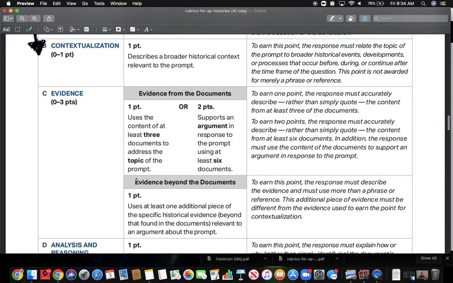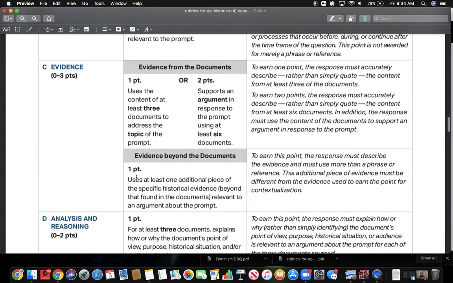The next thing that the College Board is going to expect of you is evidence. Again, you are very familiar with how to use evidence in an argument essay for the College Board, or in an AP style essay. The good news here is that the evidence doesn't have to come from your brain. The evidence is going to come from the documents.